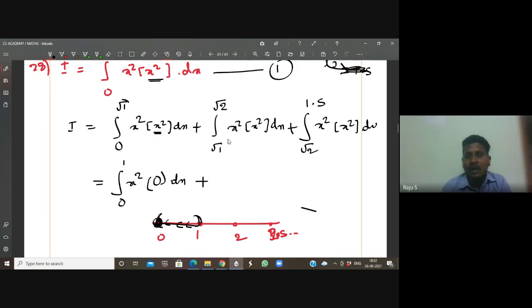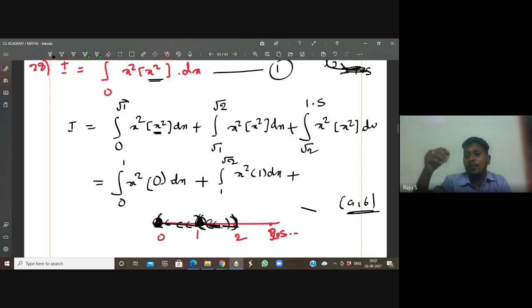So what is the value? 0. Then 1 to root 2. Always remember, students, we consider this as an open interval: lower limit, comma, upper limit. So from 1 to 2, what about the x square value? Shall I take 1? Yes. The least value we get is 1, up to 1.999, and the greatest integer is 1. If you have not understood here, please ask.